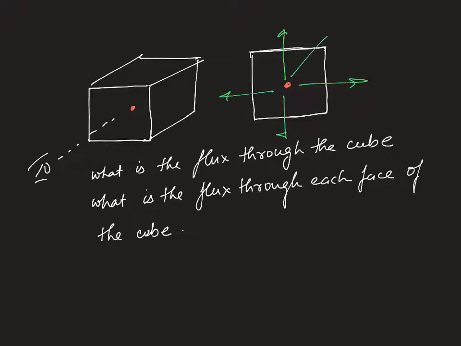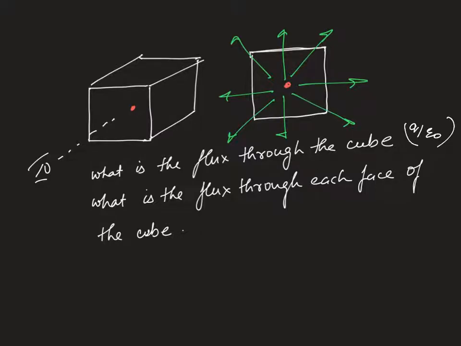Let's say we have 100 lines, any number of lines that the charge emits passes through the surface of the cube. There is no escaping the cube. There are no lines that can escape the surface of the cube. So the first answer, what is the flux through the cube, is very easy, that is q by epsilon naught. That is the answer to the first one.